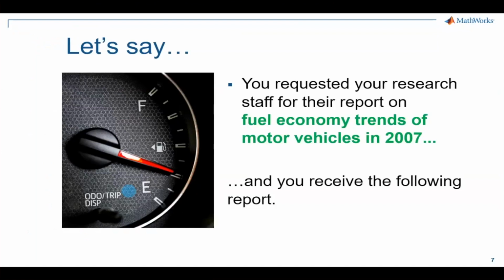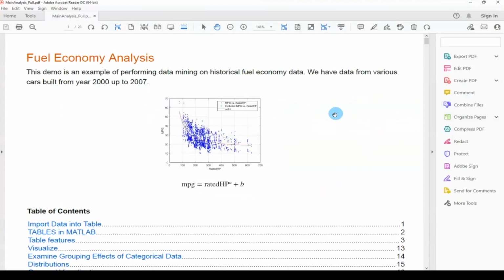Now to set the stage with the demo, I like to play pretend. I was in the auto industry, so I brought in an auto example here. Let's say you're part of a research group and you asked your staff for the report on fuel economy trends of motor vehicles in 2007, and you receive the following report. You get this nice little PDF.